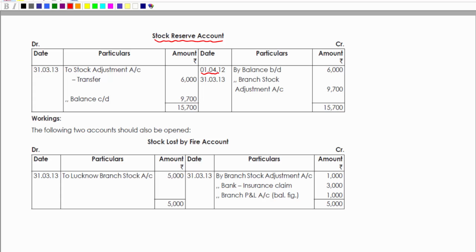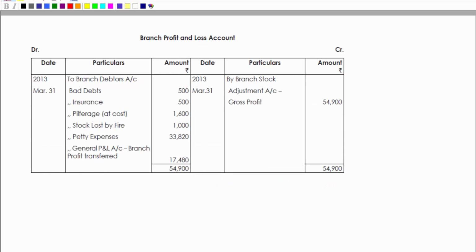It means on 1st April, parallelly you will have by balance brought down 6,000, which is 30,000 multiplied by 1 by 5. It was this 6,000 which has been transferred to branch adjustment account. So on 31st March, to branch adjustment, there is a transfer of 6,000. Now let's go back.